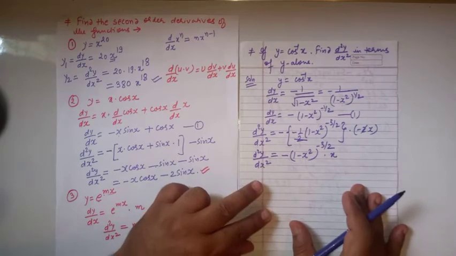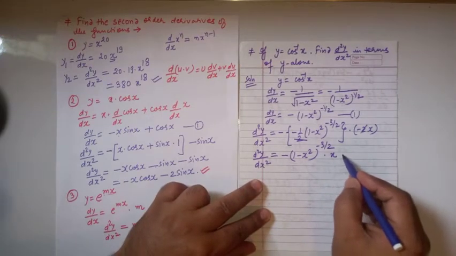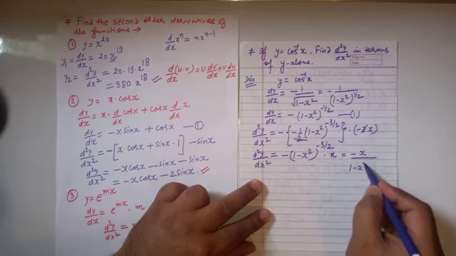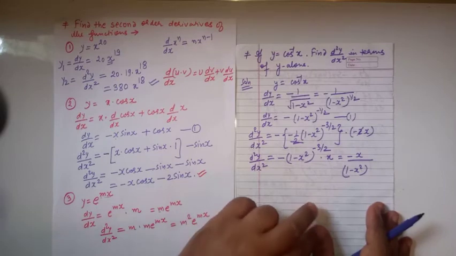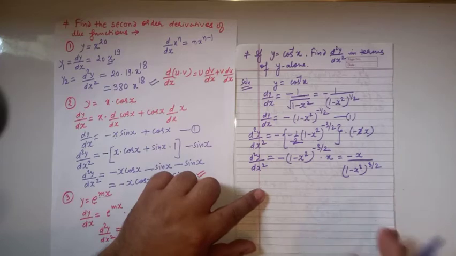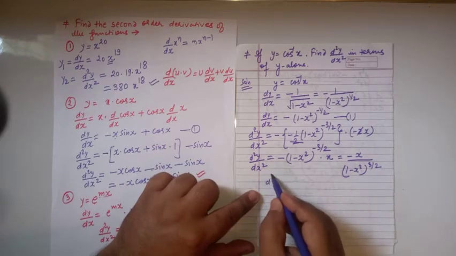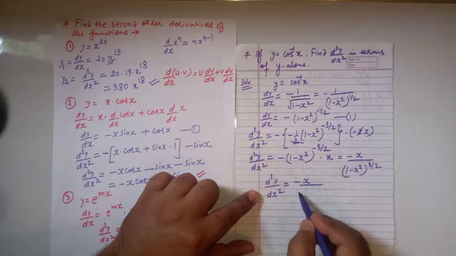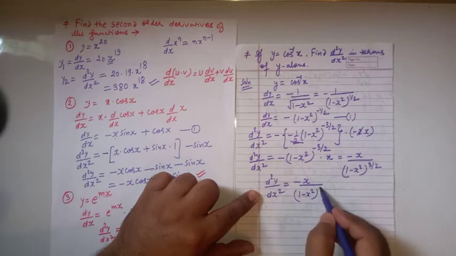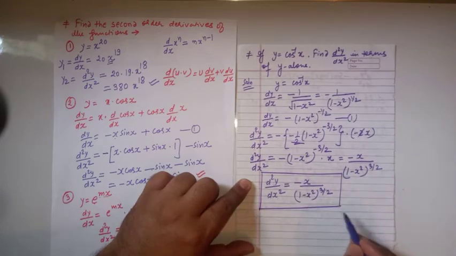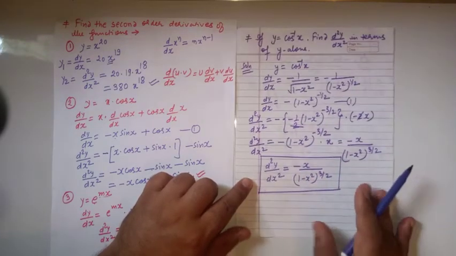Okay, now we can write this function as minus x divided by (1 minus x square) raised to 3 by 2. So d2y over dx2 is equal to minus x over (1 minus x square) raised to 3 by 2. So this is the second derivative of this function with respect to x.